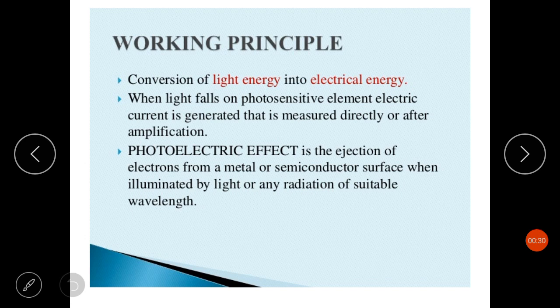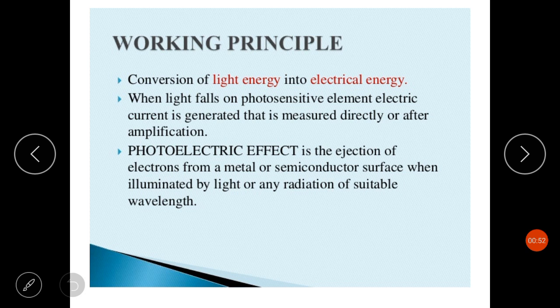What is the purpose of a transducer? A transducer converts one form of energy into electrical energy. In the electronics instrumentation department, you'll get the definition that a transducer converts one form of energy into electrical form.